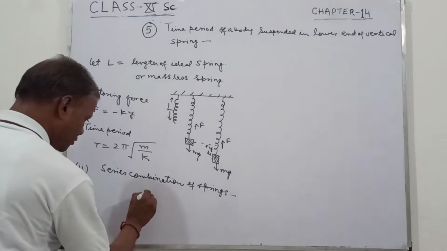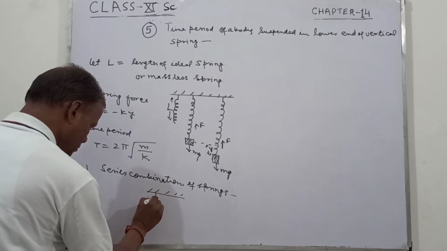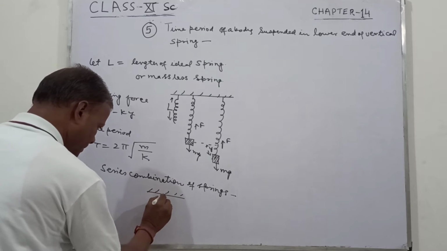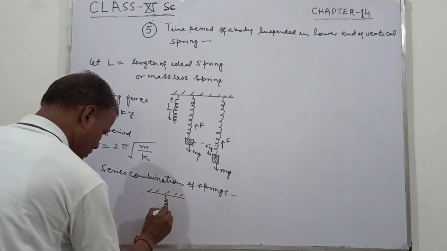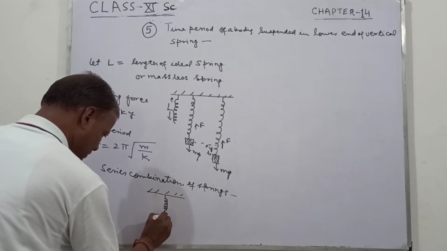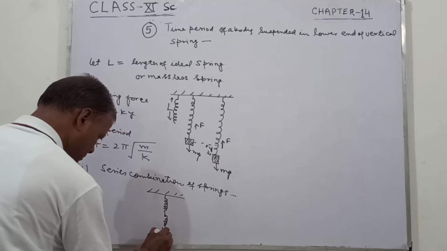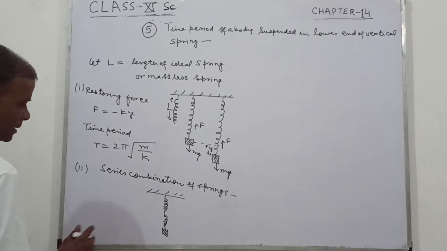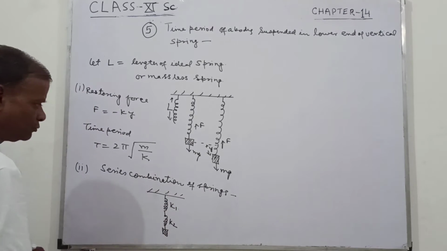The series combination is like this: suppose there is one spring and another spring like this, two springs. This is force constant K1, this is force constant K2.